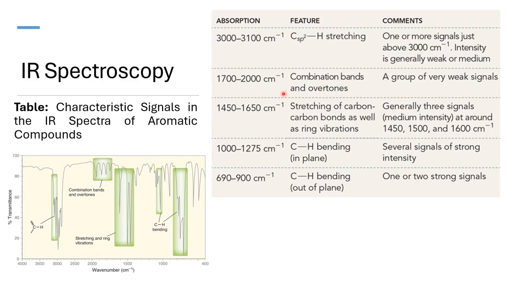These are going to be weak signals at around 1700 and 2000 wave numbers. Between 1450 and 1650, we're going to see the stretching of the carbon-carbon bonds as well as ring vibrations. And then into the fingerprint region, we're going to see CH bending in the plane and out of plane as well.